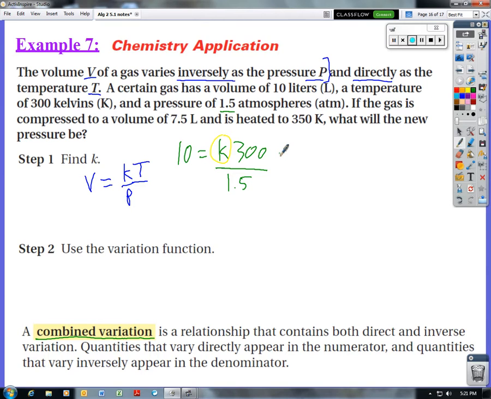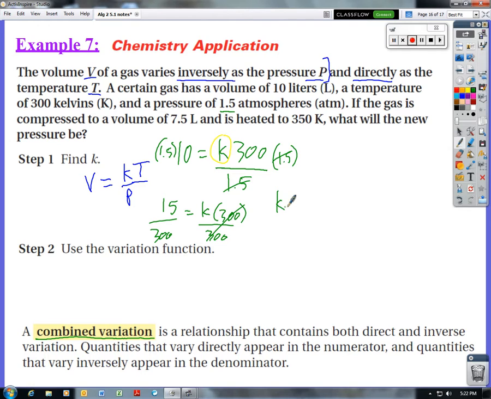Hopefully you did that. So I'm going to get rid of this 1.5 first. So I'm going to multiply both sides by 1.5, and that gets rid of that and that. Multiply this by 1.5, and we have 15 equals K times 300. So to isolate K, I'm going to divide both sides by 300.